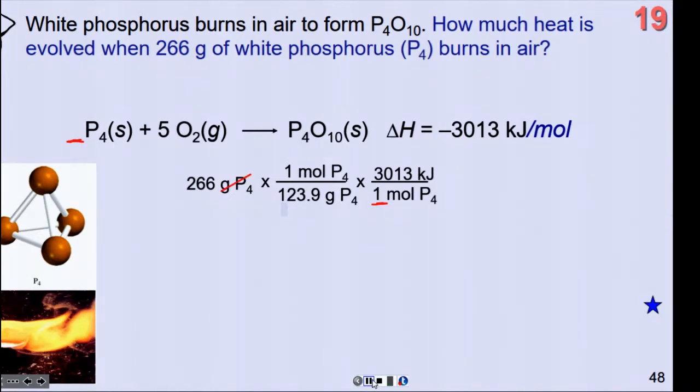The grams of P4 cancel, the moles of P4 also cancel, and you get a value of, plugging in the numbers, 6,470 kilojoules for that process. Notice this is just an exercise in making sure you've set things up so that units will actually cancel, recognizing that the enthalpy of this reaction process is described per mole of the reactants involved.